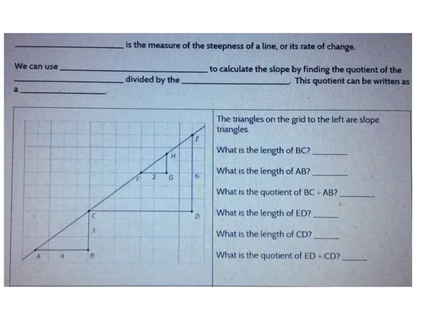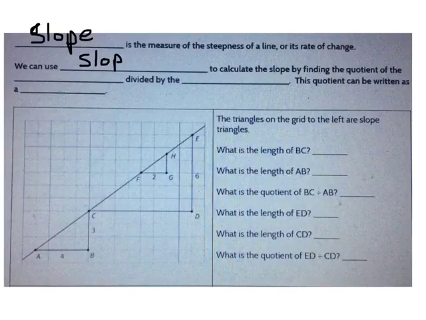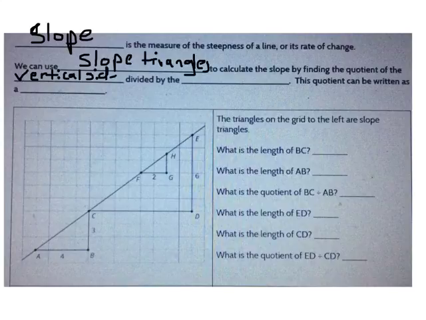Now let's dive into today's lesson. Today we're going to talk about slope. Slope is the measure of steepness of a line, or its rate of change. We can use slope triangles, or triangles drawn along the line, to calculate the slope by finding the quotient of the vertical side divided by the horizontal side.